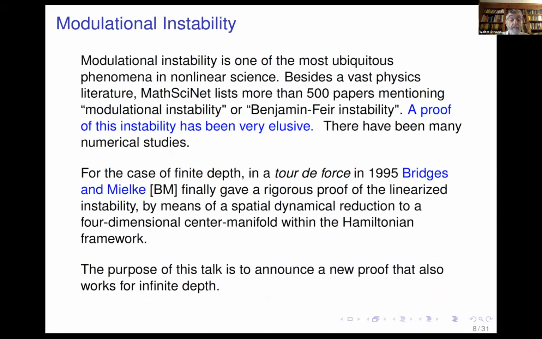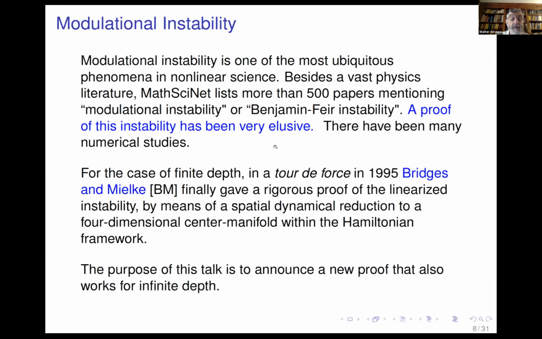The most important thing: this instability was heuristically discovered by Benjamin and Feir, and also by Whitham and Lighthill back in the 1960s.